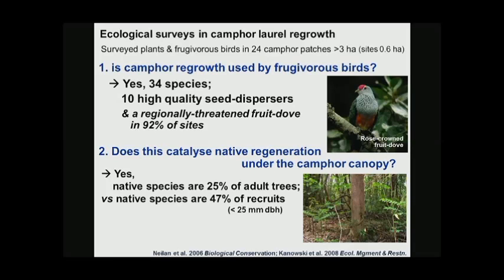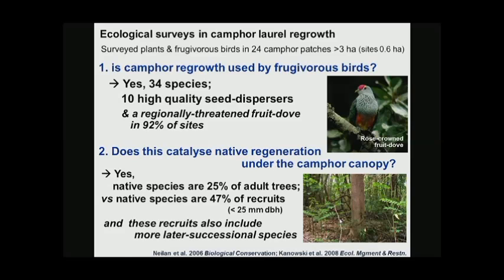There are complexities to that argument, which you can ask me about later if you're interested. The other aspect of these findings is that the new species coming in include more species that are typical of the older growth forests.